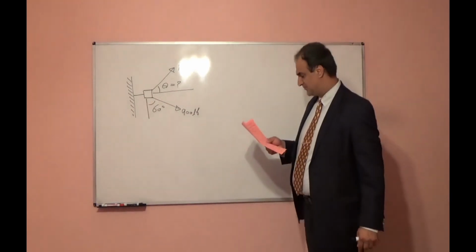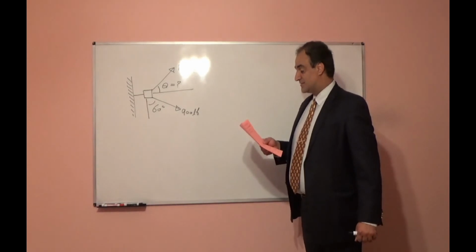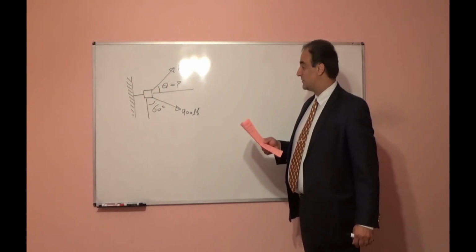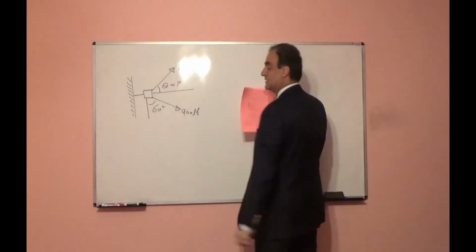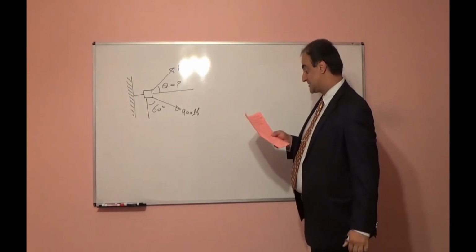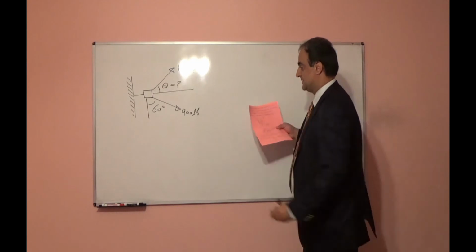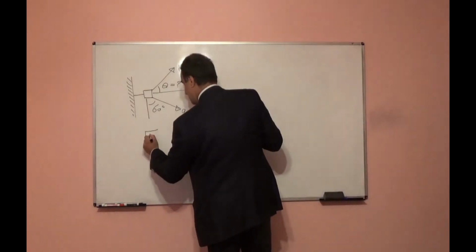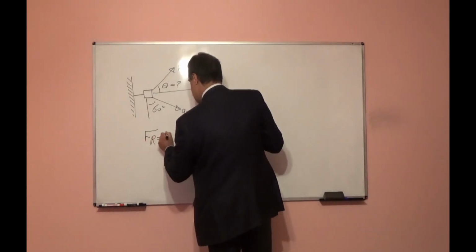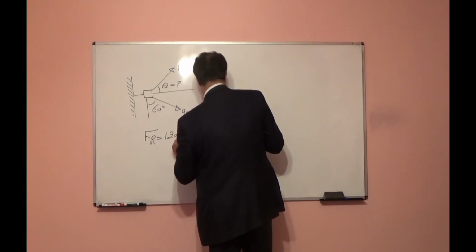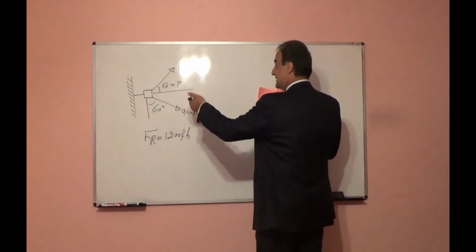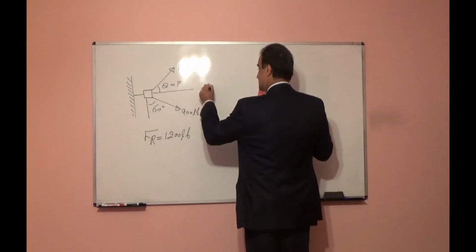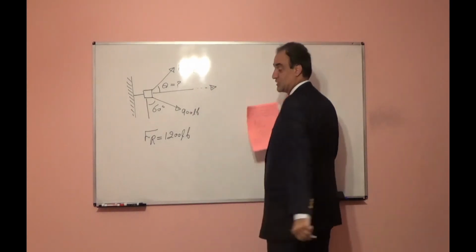We know that. The problem statement says, determine the magnitude of F and theta so that the magnitude of the resultant force is 1200 pounds, and it is directed along the x-axis. It means it is in this direction.